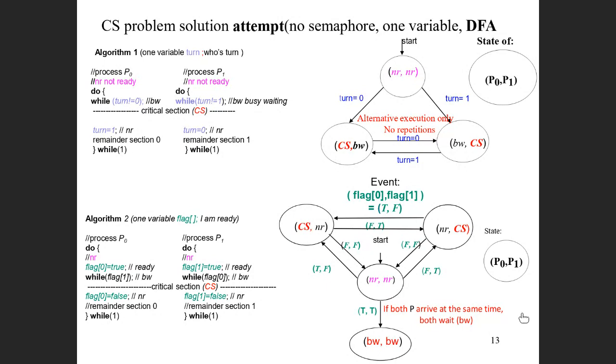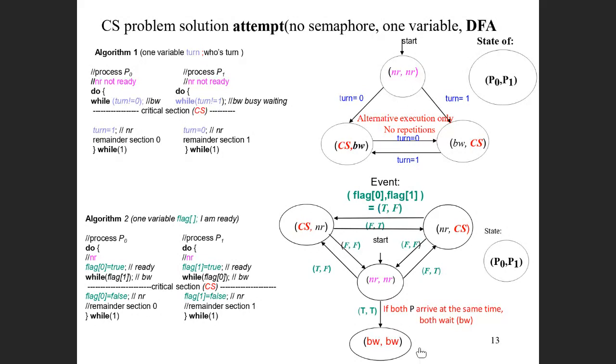But we have one problem. If both processes arrive at exactly the same time, which means the inputs are T, flag of 0 is true, flag of 1 is true, both are in busy waiting.